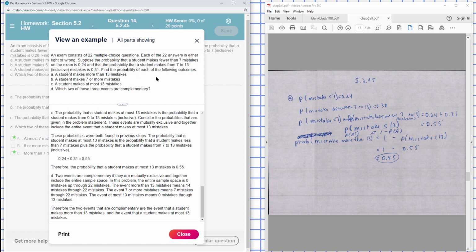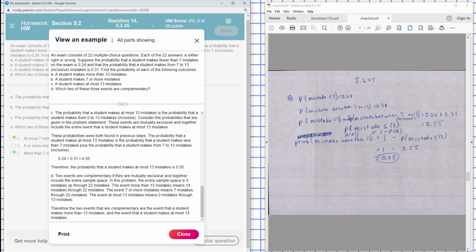Find the probability in each of the following outcomes. A student makes more than 13. Okay, so they're looking at the probability that the student will make more than 13.